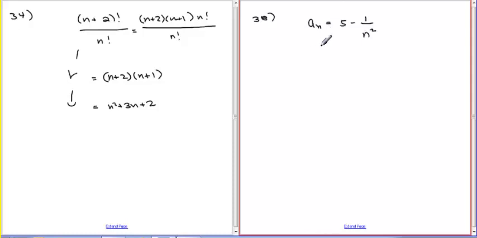One way of doing this is if you have a function, and instead of using n, we use x, and then we take the limit of f of x as x approaches infinity. That limit will be the same as the limit of the sequence.